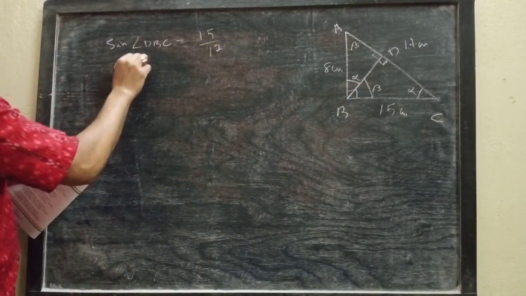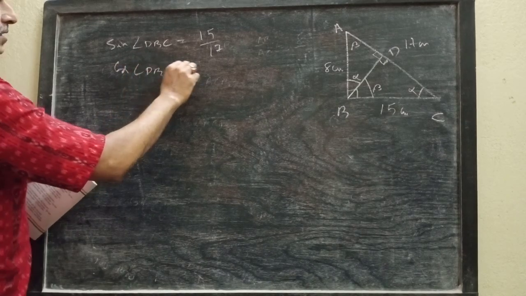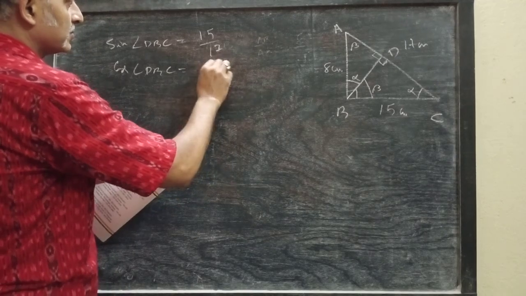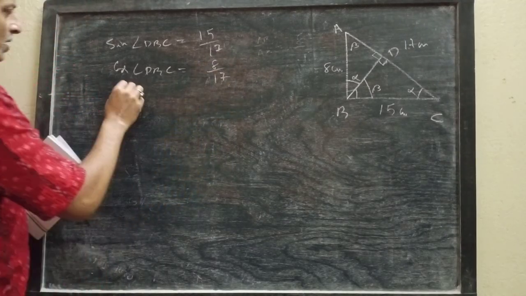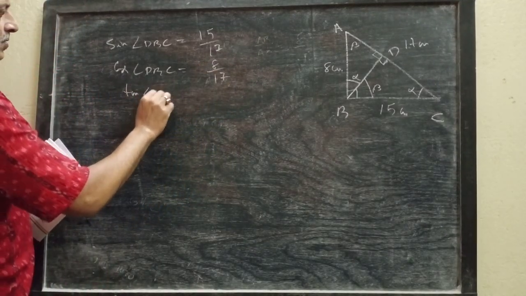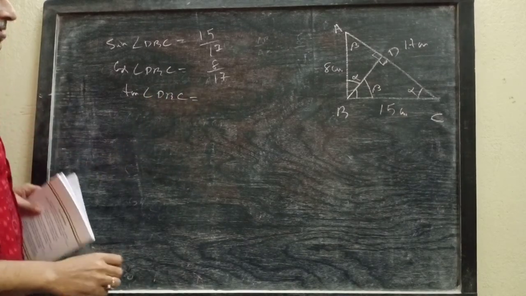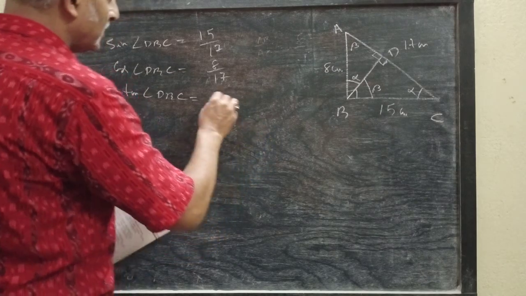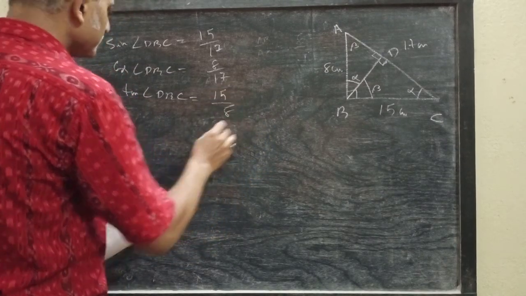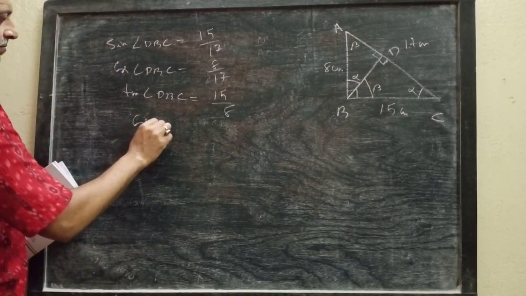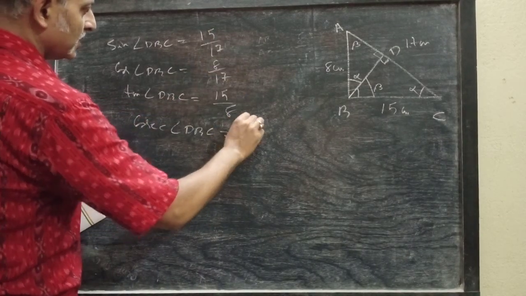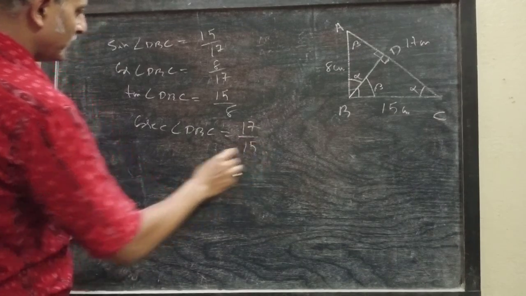Next, cos angle DBC. Cosine of this is 8 by 17. Tan angle DBC. Tan of this, that is 15 by 8. Cosec of DBC, reciprocal of this, that is 17 by 15.